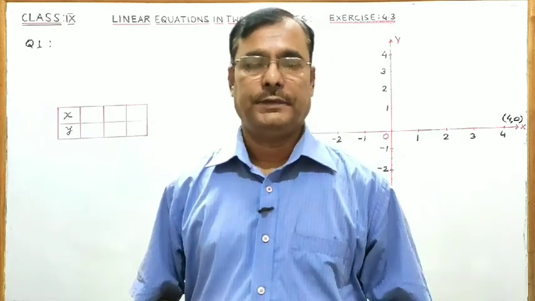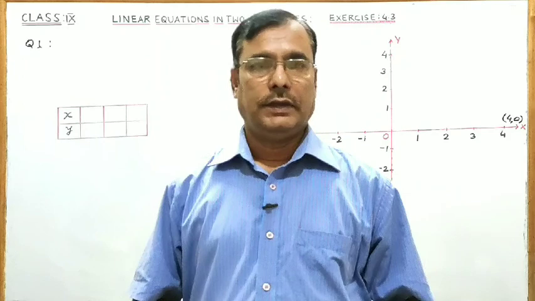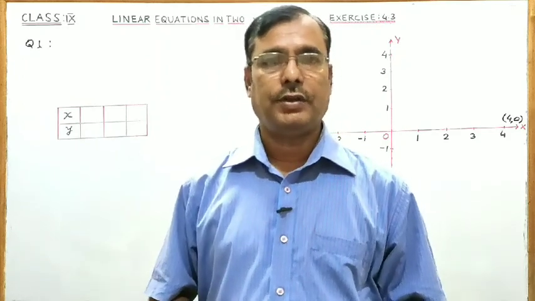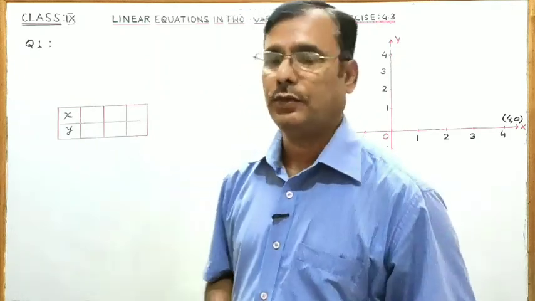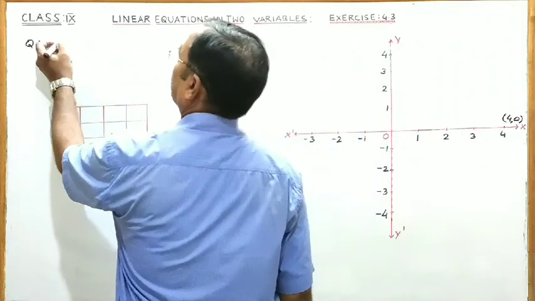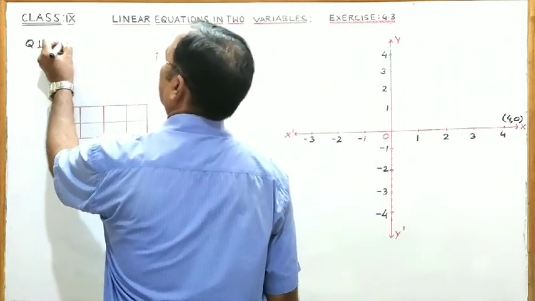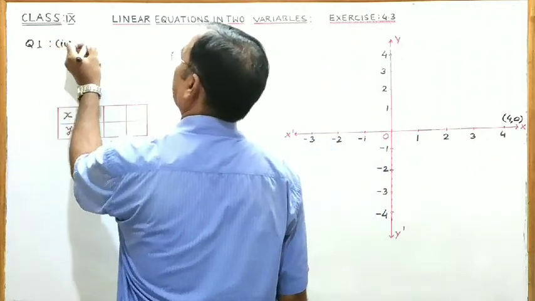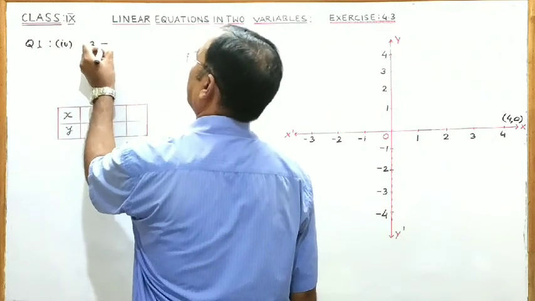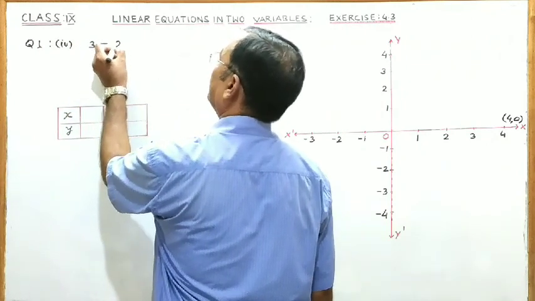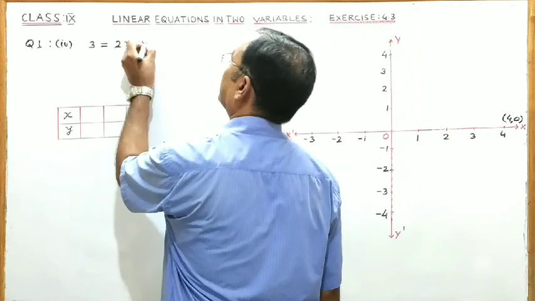Now fourth part. Given linear equation is 3 equal to 2x plus y. So question number 1 in fourth part, given linear equation is 3 equal to 2x plus y.